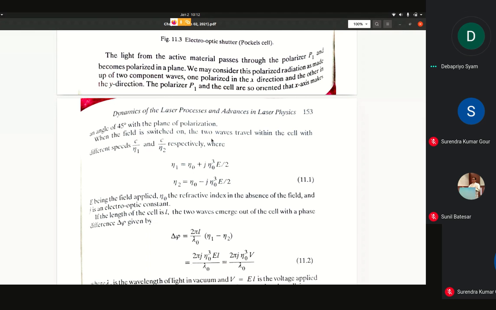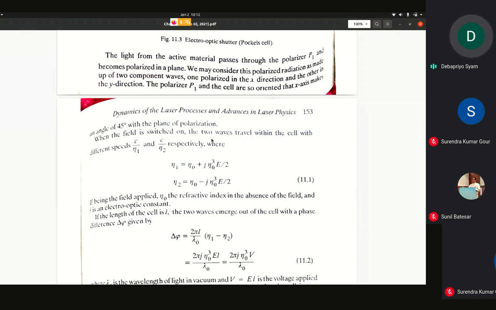By the way, the direction of the electric field defines the optic axis, which I am referring to as the x-axis. So you can see that the two waves are propagating with different speeds because the refractive indices are different, and you can calculate the phase difference. And you require the phase difference to be equal to pi, so that the electric vector of the incident radiation rotates by pi by 2.